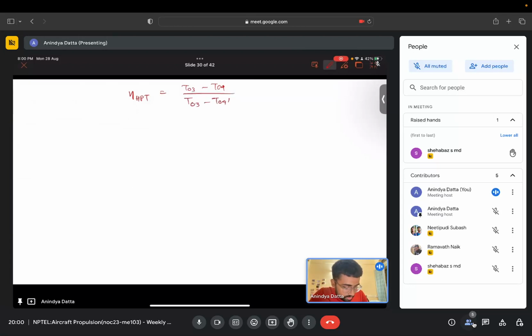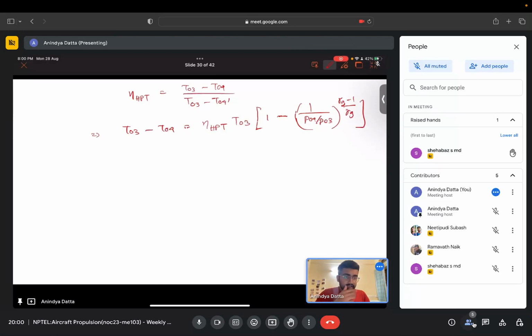If we simplify this, we generally get this expression: one minus 1 by P04 by P03 whole to the power gamma g minus 1 by gamma g.